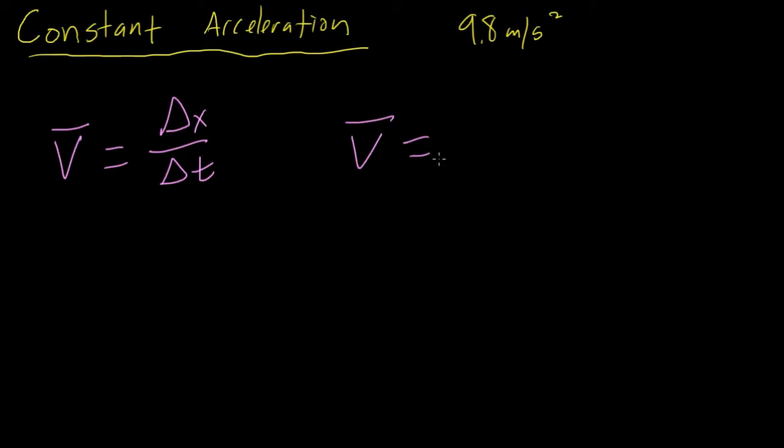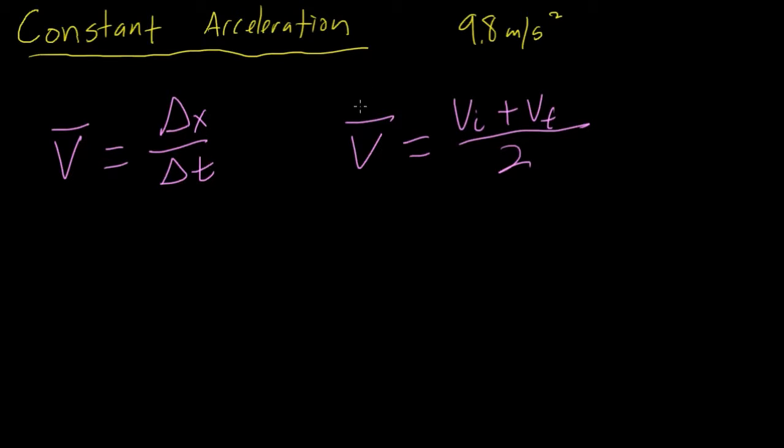Average velocity can also be initial velocity plus final velocity divided by 2. You can actually just average the initial and final velocity when the acceleration is constant. You cannot do that if you have a variable acceleration, only when you have a constant acceleration. So this is a new definition for average velocity that only works when we have constant acceleration.